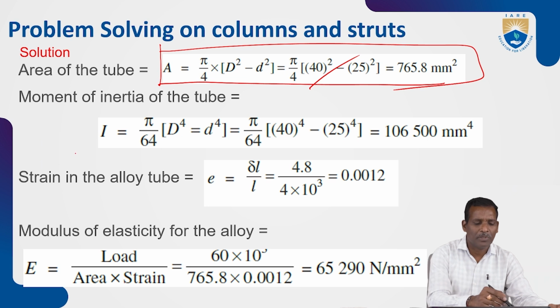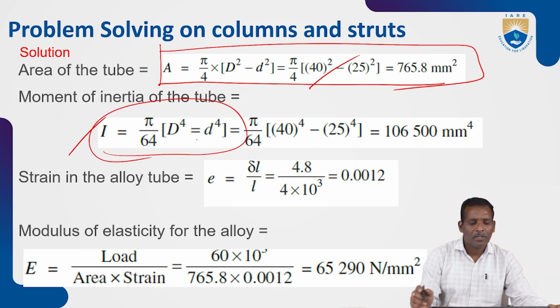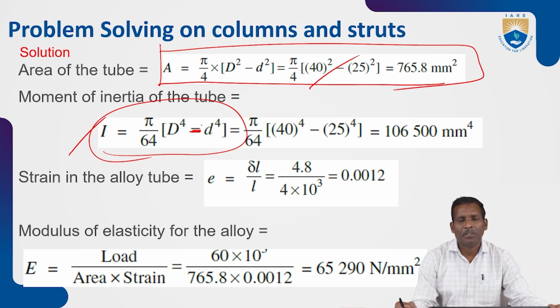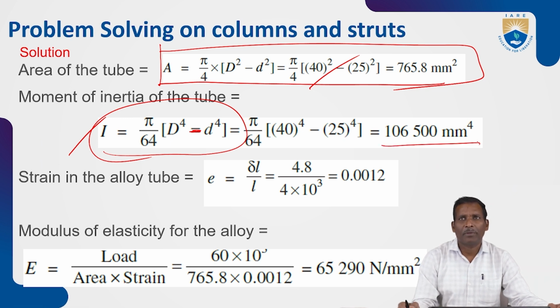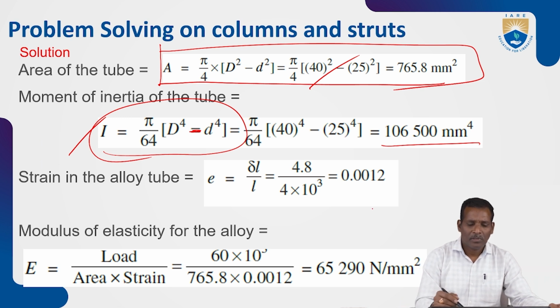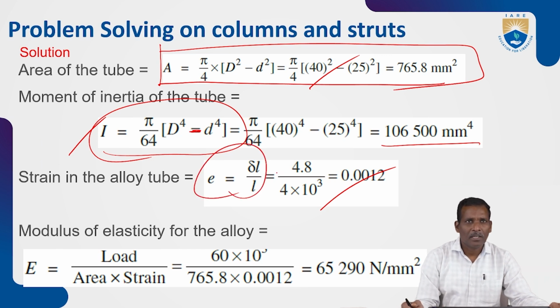Moment of inertia of the tube is pi by 64 into D to the power of 4 minus small d to the power of 4. So we will get the value 106 and 500 mm to the power of 4. So the strain in the alloy tube calculate using delta L by L relation and the modulus of elasticity for the alloy, load per area into strain.